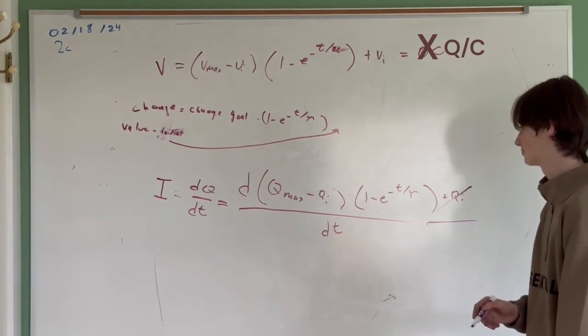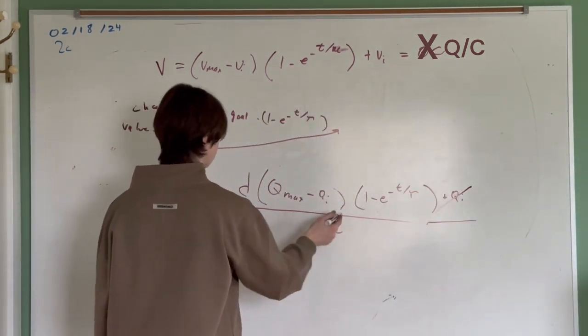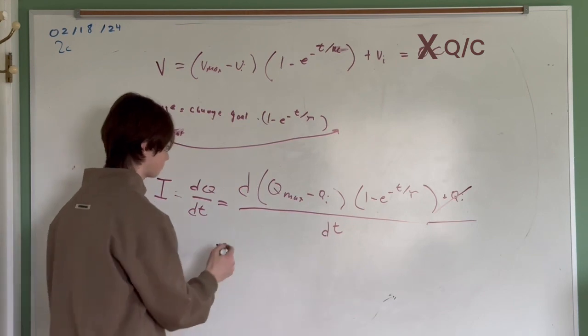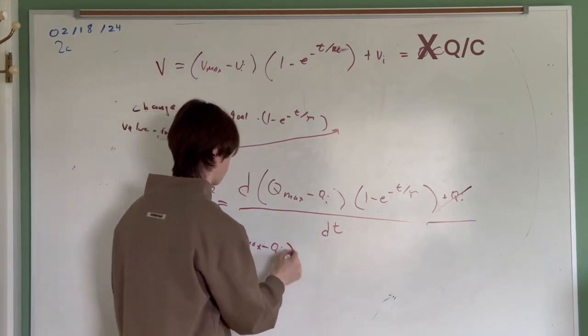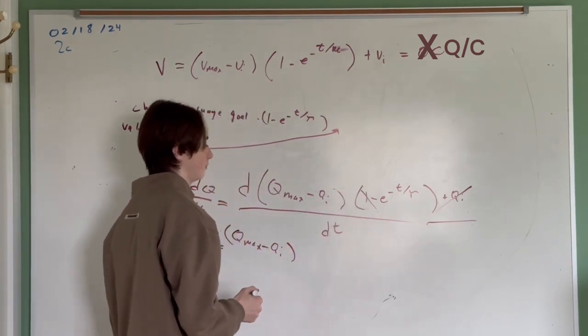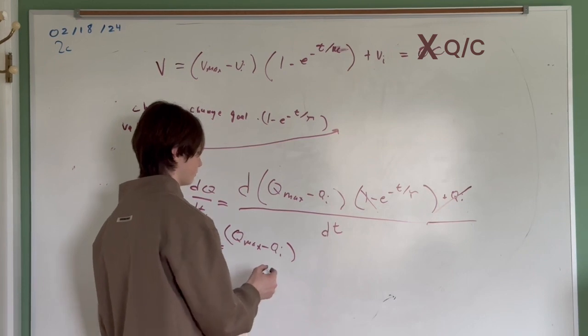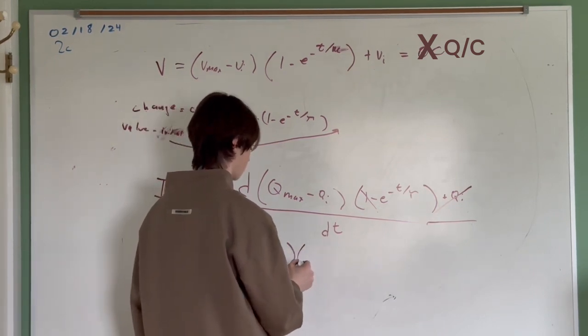Just foil it. This is just a constant. You can take out the 1. So it's negative t over RC. Don't foil it. I don't even remember how to take it. e to the power of x is e to the power of x.